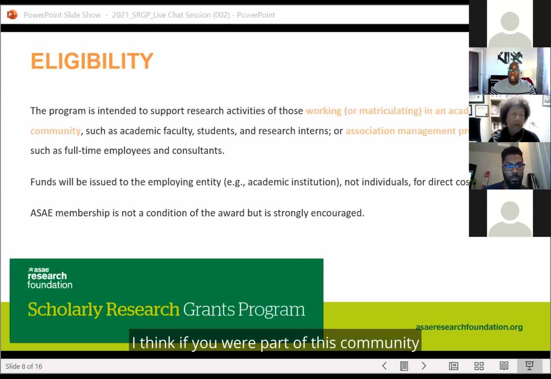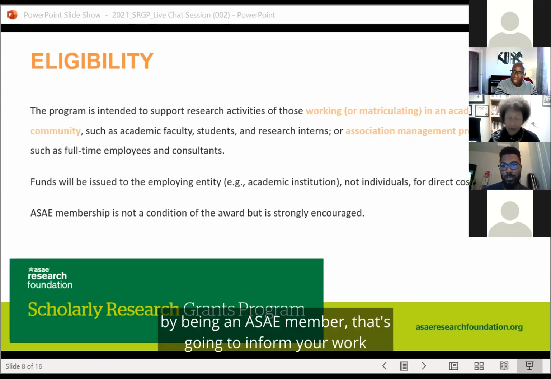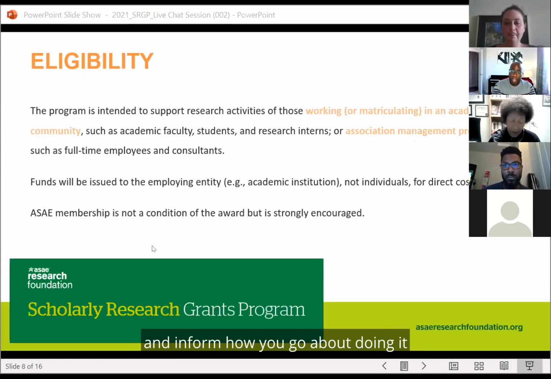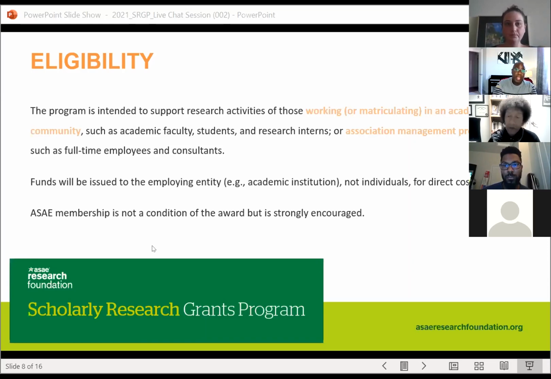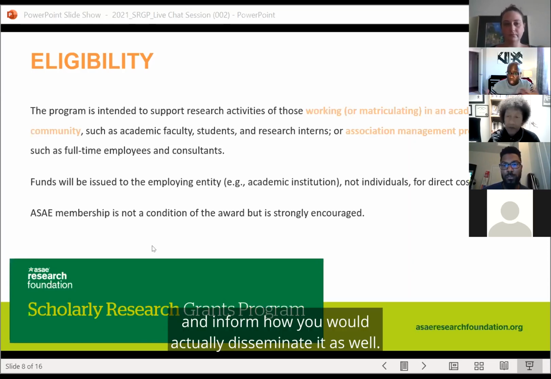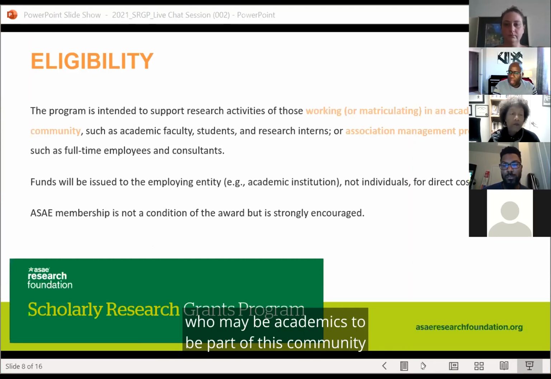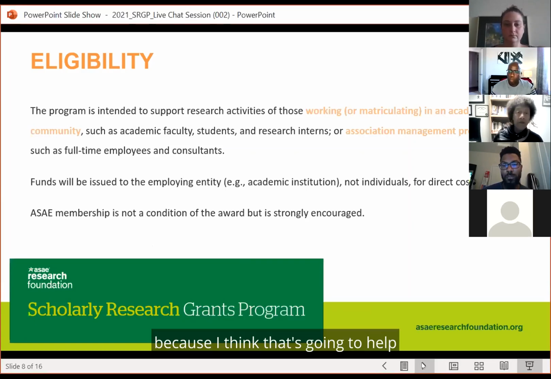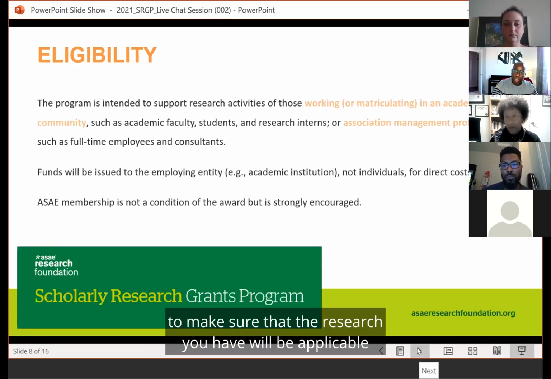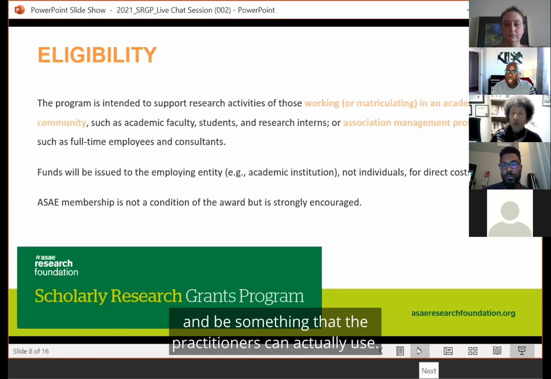If you are part of this community by being an ASAE member, that's going to inform your work, how you go about doing it, and how you disseminate it as well. I think that is very important, particularly for applicants who may be academics, because it's going to help make sure that your research will be applicable and something that practitioners can actually use.